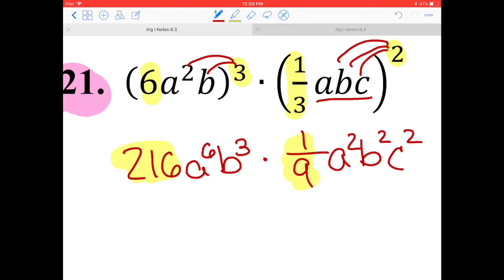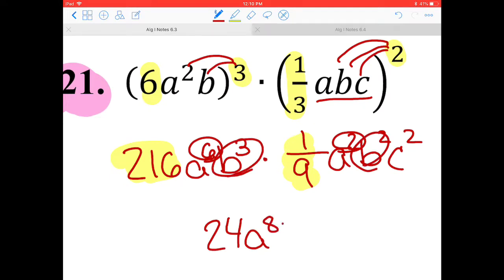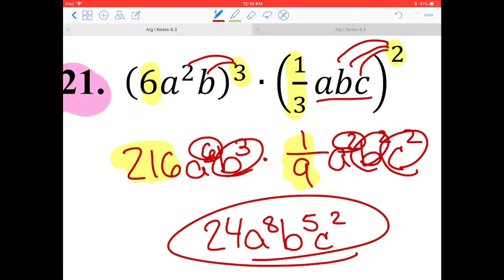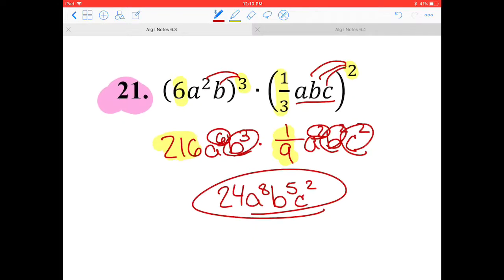Remember, multiply by the number in the top, divide by the number in the bottom. So basically it's 216 divided by 9, which is 24. A, 6 and 2 makes 8. B, 3 and 2 makes 5. And C, well, there's only one of them, so c squared. There you go. There's 21.